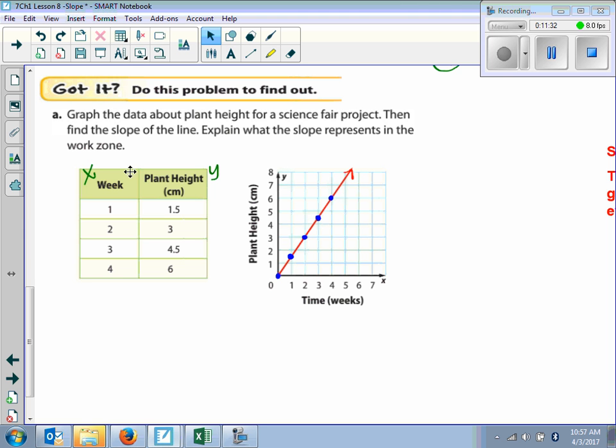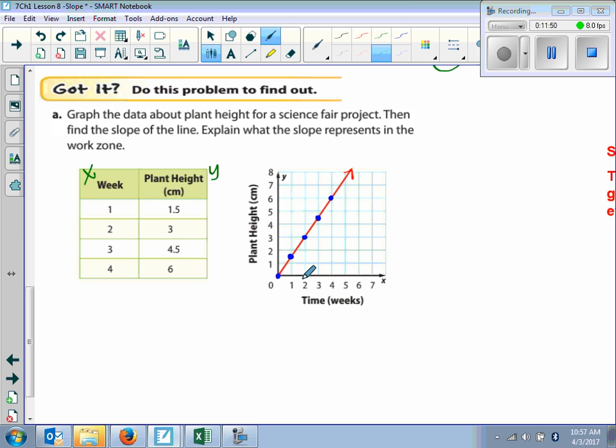So now we want to find the slope, okay? So to find the slope, we're going to pick 2 points on the graph. I'm going to choose the ones that are whole numbers, if that's all right with you.